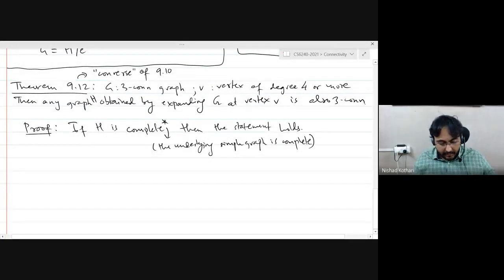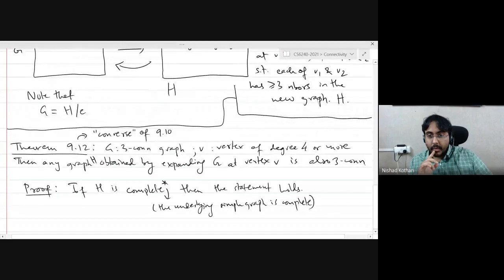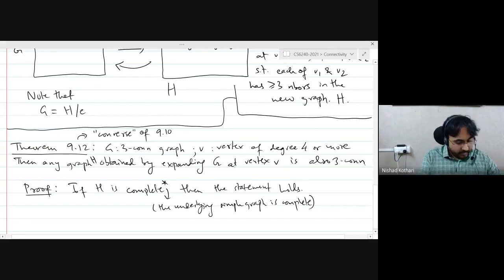Because your original graph is 3 connected. So the new graph is going to have at least 5 vertices, because you have a vertex of degree 4 or more.